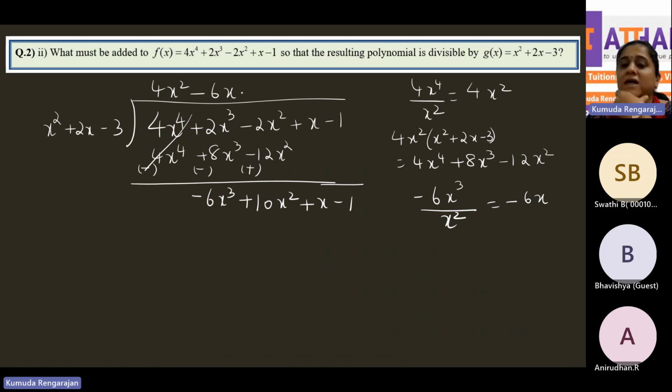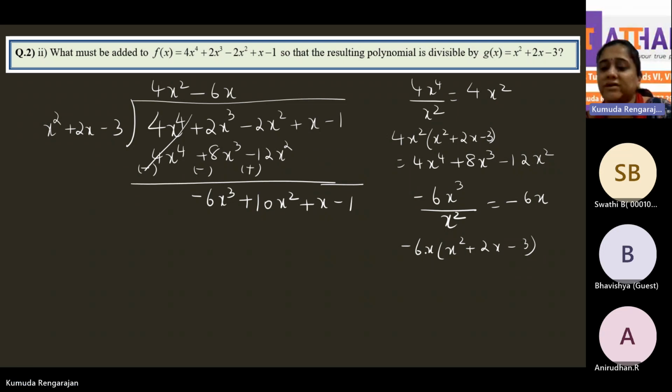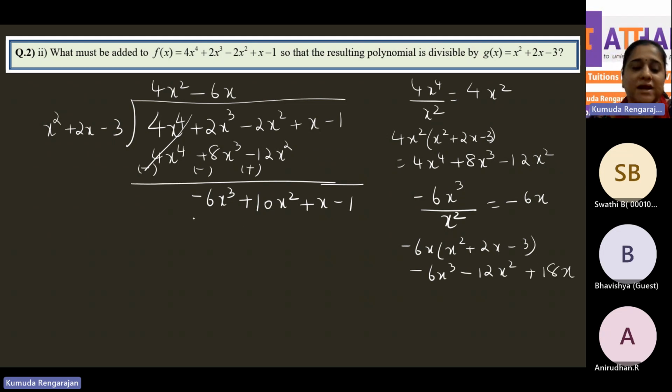Minus 6x. Now you should multiply minus 6x with x squared plus 2x minus 3. What do you get? Minus 6x cubed minus 12x squared plus 18x. Write that here. Minus 6x cubed minus 12x squared plus 18x.